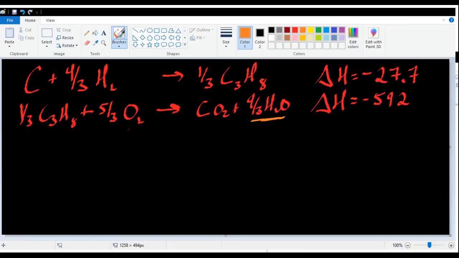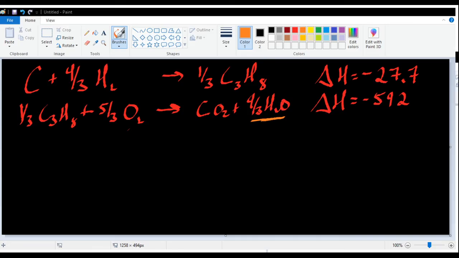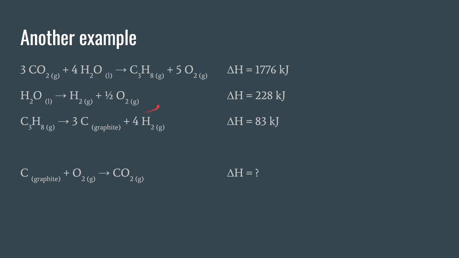We come back over to the reactions we were given. We have water on the left, meaning that this water on the left will cancel out water on the right. We have 4/3. We want to get rid of all 4/3 of that, so we're just going to multiply this reaction by 4/3. Doing that will let us get rid of water.